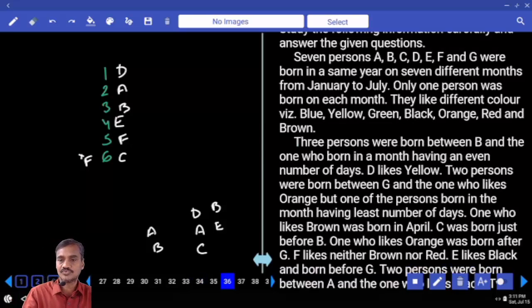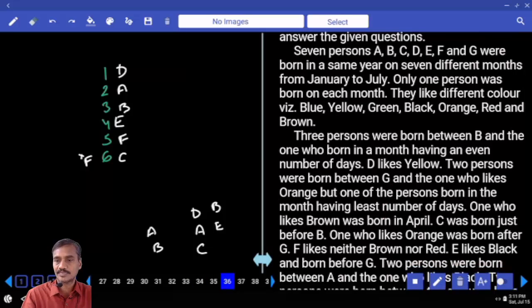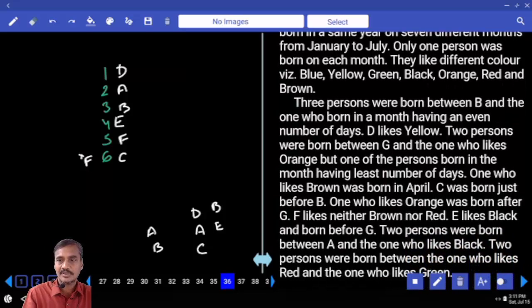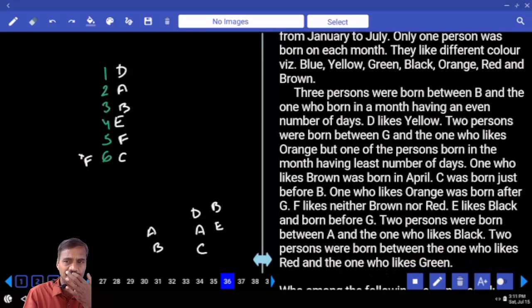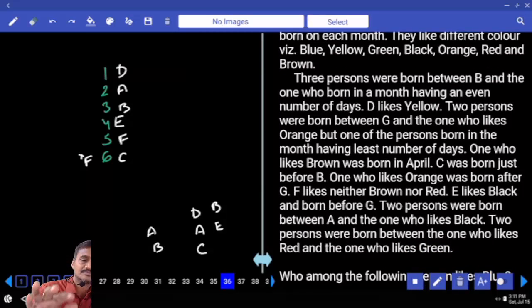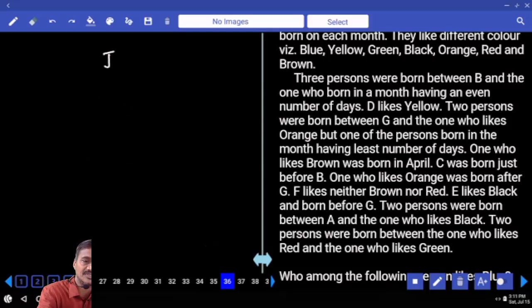Then 36 to 40. 7 persons born in the same year, 7 different months, Jan to July. And each person likes different colors. Now one of the parameters is given. It must start with Jan. Now the months, what are the months we have? Jan, Feb, March, April, May, June, and July.